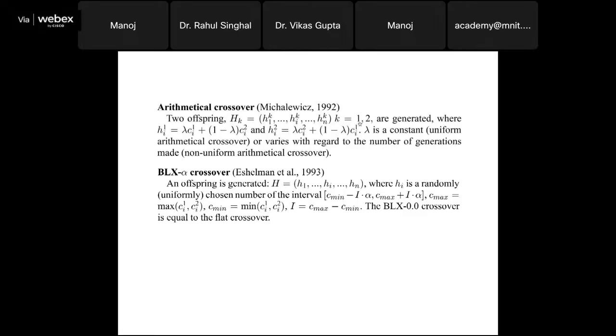Similarly, other ideas came into the picture. One of them was arithmetic crossover, where you actually take a linear combination of the parents to generate the ith component of the solution, where lambda was a constant. And similarly, this blend crossover was also given.